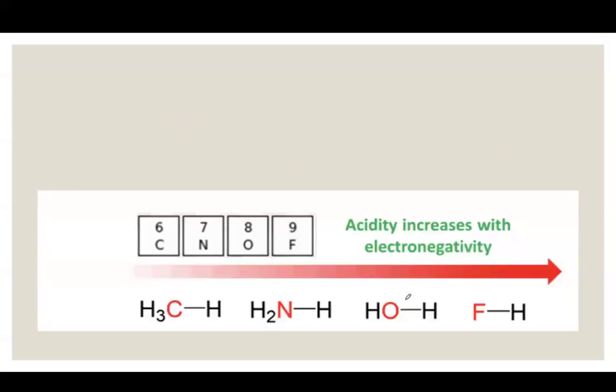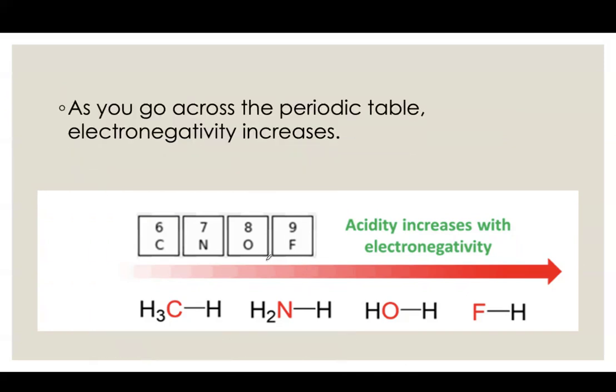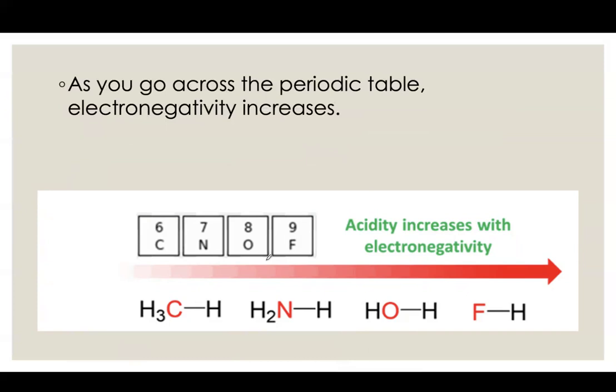Let's look at this example. In this case, I have four different compounds, and they're all acids. Remember that electronegativity increases as you go across the periodic table. So fluorine is going to have the highest electronegativity. The lowest will be carbon. In those four structures, in some ways they are identical in that it's all hydrogen connected to an adjacent atom. Here, hydrogen is connected to fluorine, here to oxygen, here to nitrogen, here to carbon.